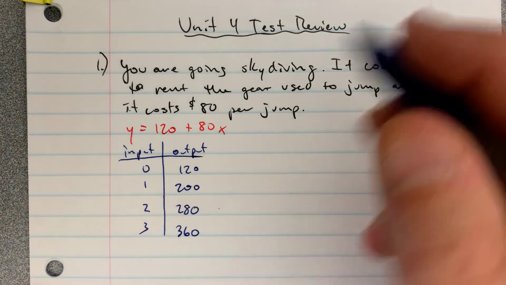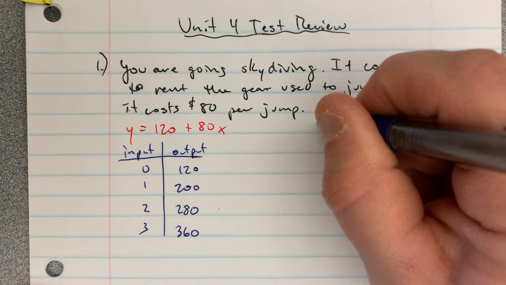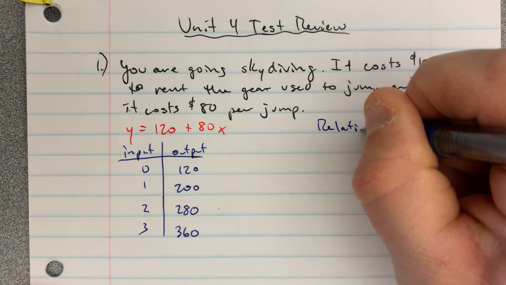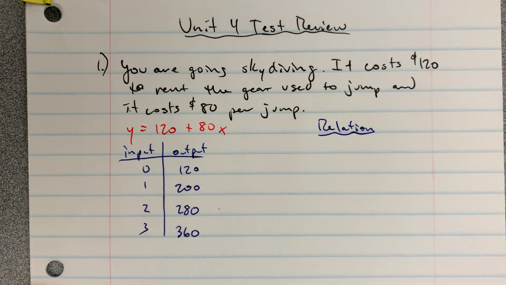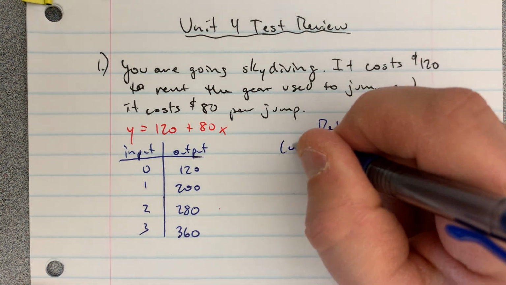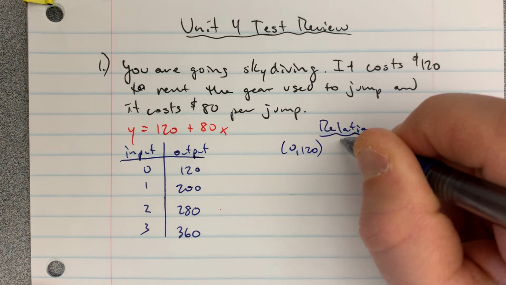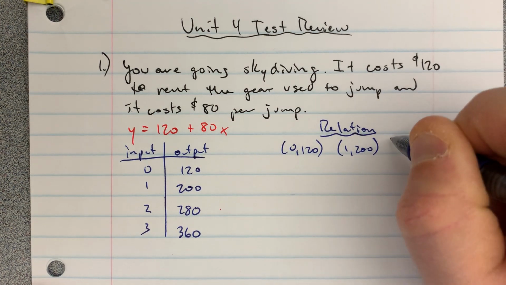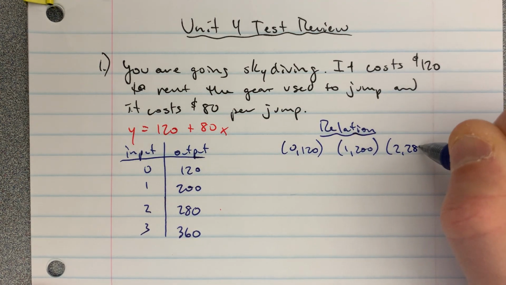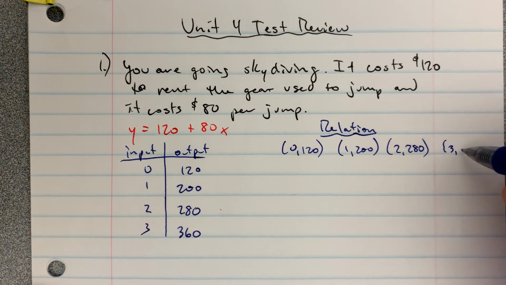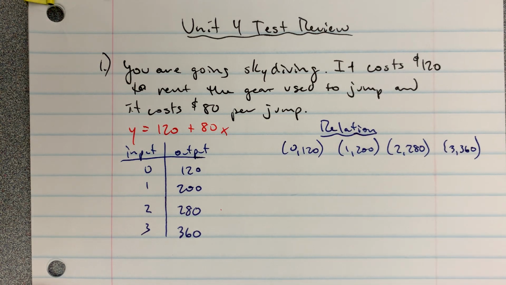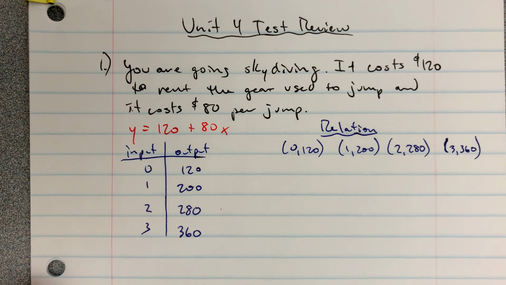All right, so I can take this information and put it into what we call a relation, which is just our ordered pairs that we could graph. So (0, 120), (1, 200), (2, 280), and (3, 360). That's our relation.